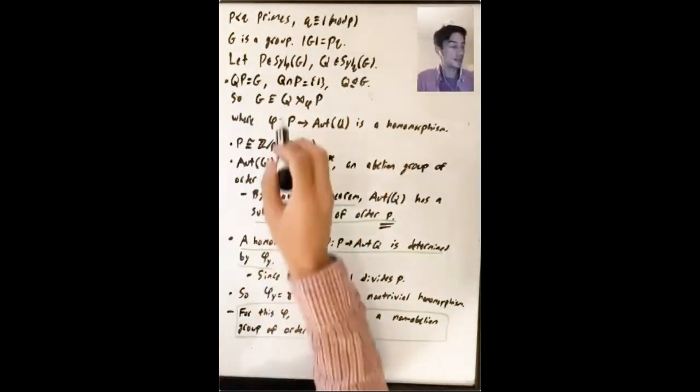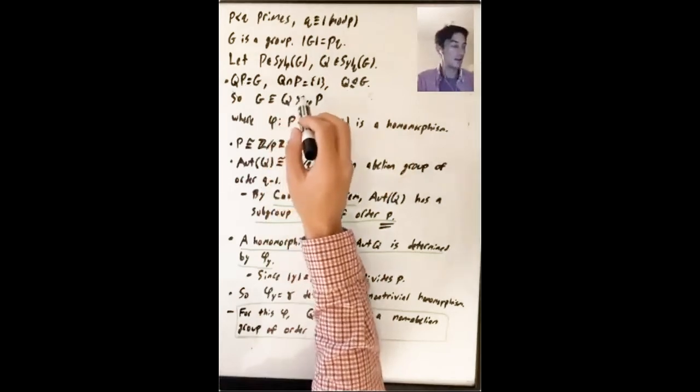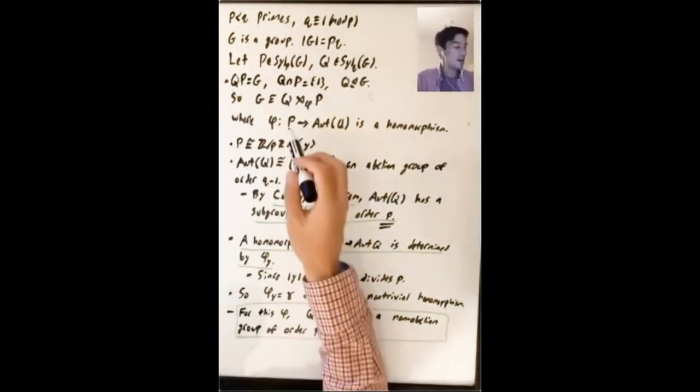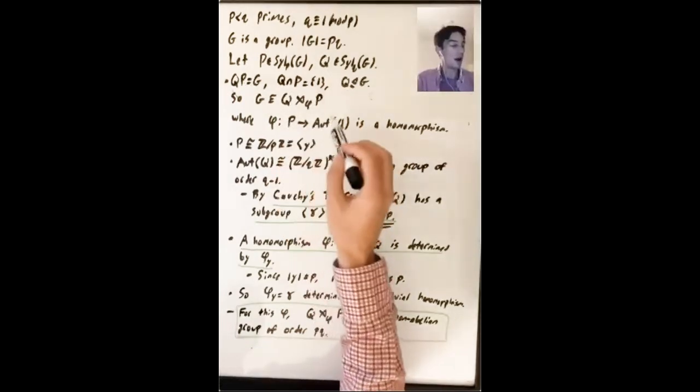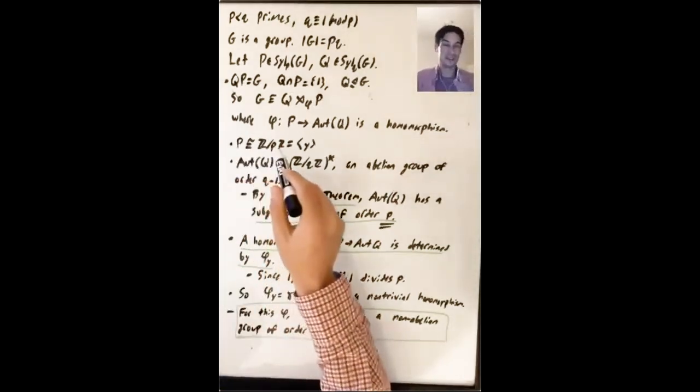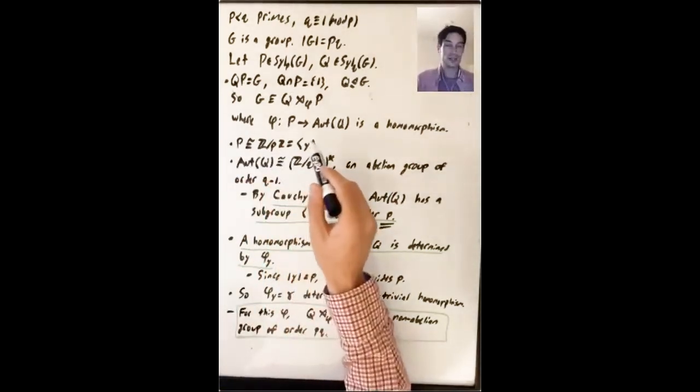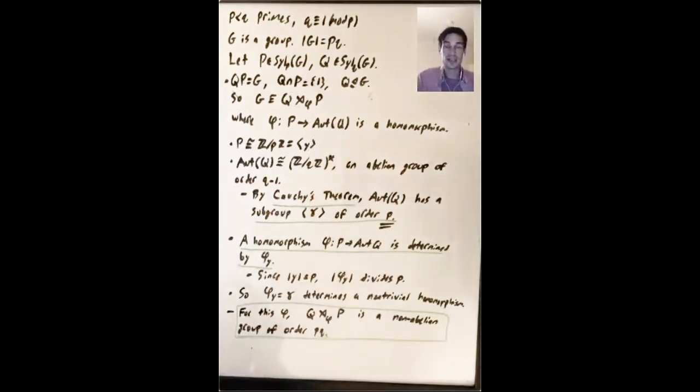So G is isomorphic to Q semidirect product P with respect to phi, where phi is some homomorphism from P to Aut(Q). We know a lot about P and Aut(Q). P is isomorphic to Z mod pZ, so we can choose a generator and say that it's generated by y.